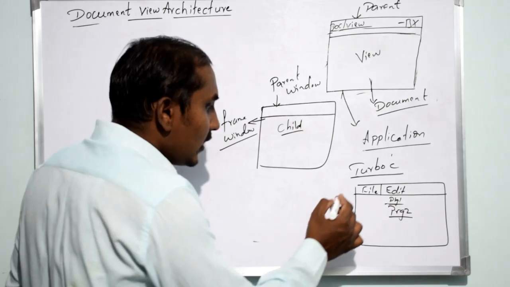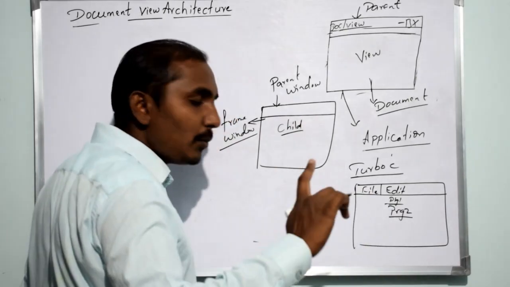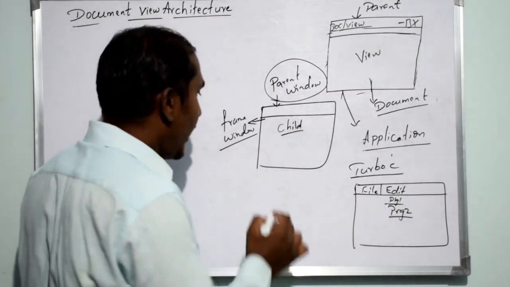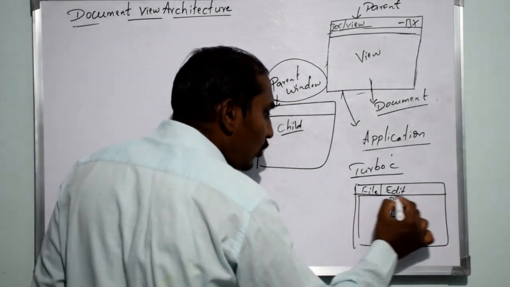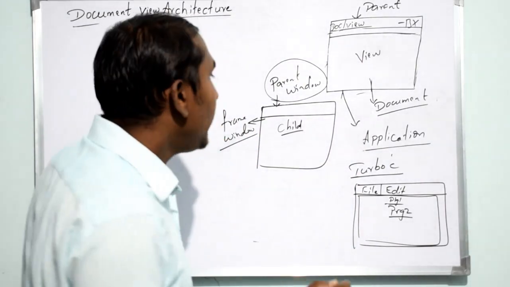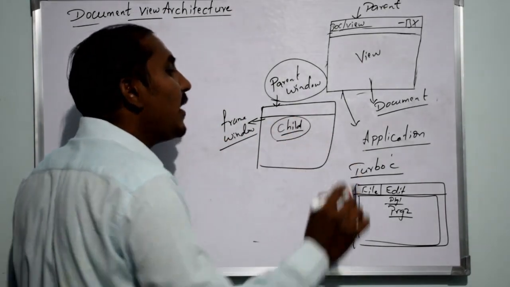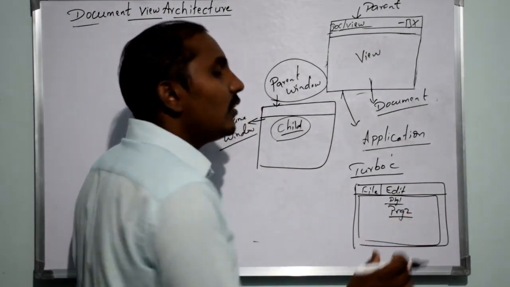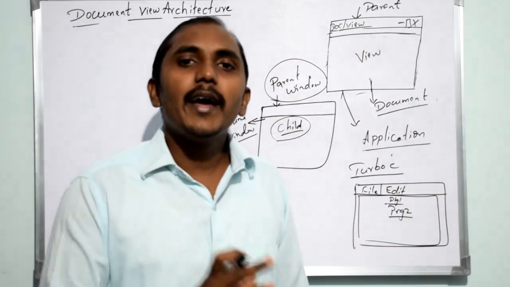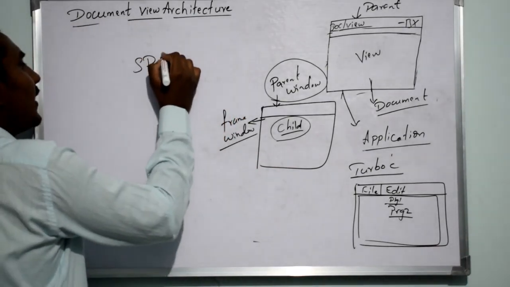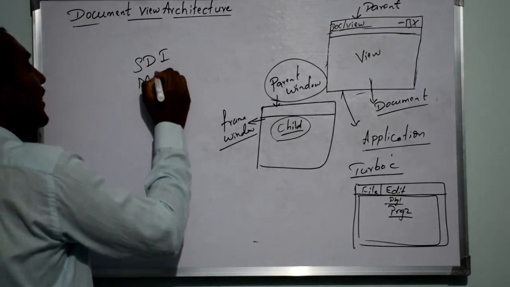In this case, the outermost frame or window will be acting as the parent window, and the frame where you are going to see your programs will be acting as the child window, where you will be displaying the child forms. For example, you have discussed applications like SDI and MDI.